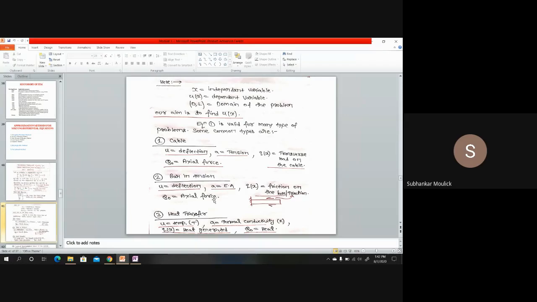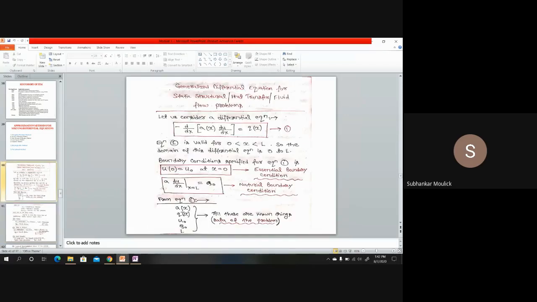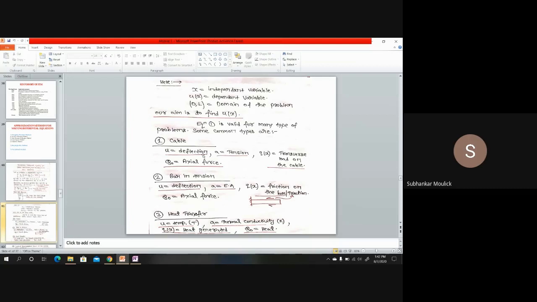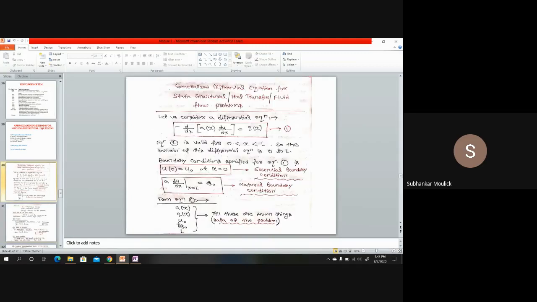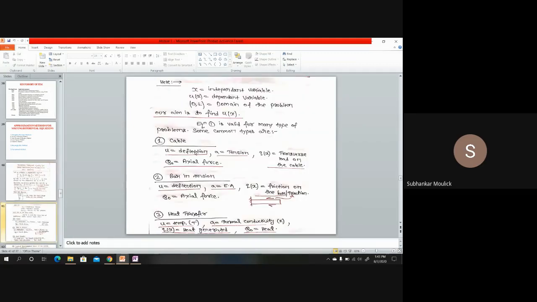Fine. Now, I told you these A(x), Q(x), u naught. That means this data of my problem will vary from problem to problem. Now, if the problem is of a cable or a beam, fine, then what are these values? u will be nothing but deflection.